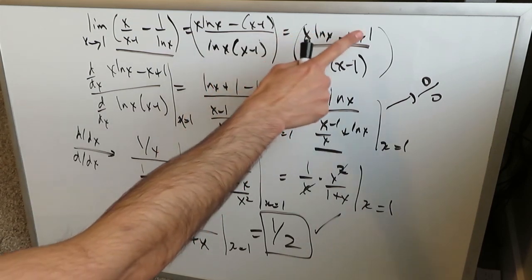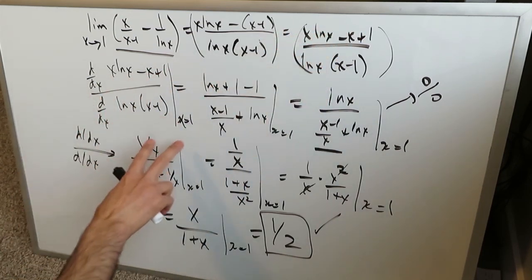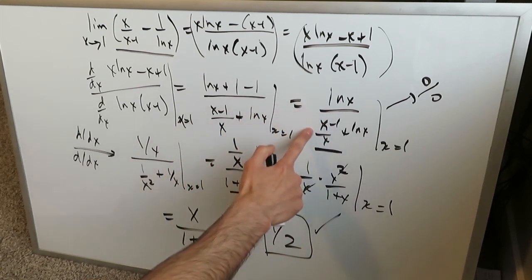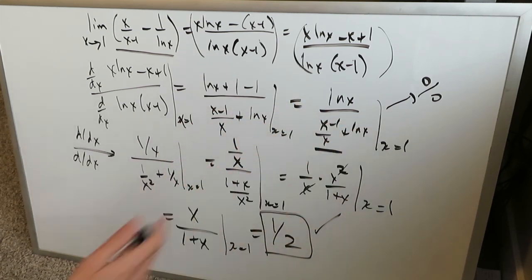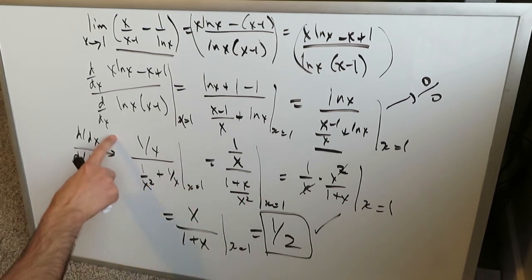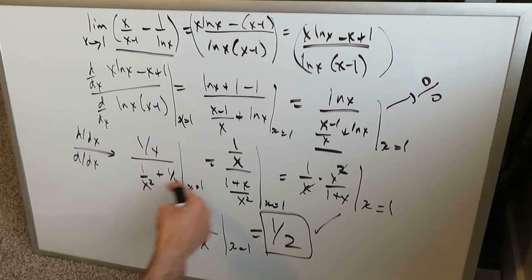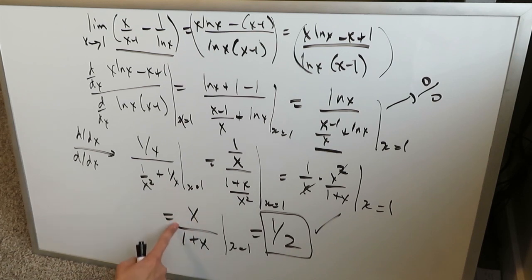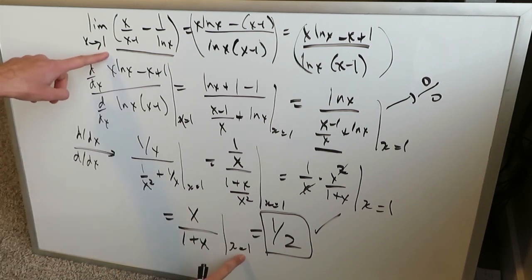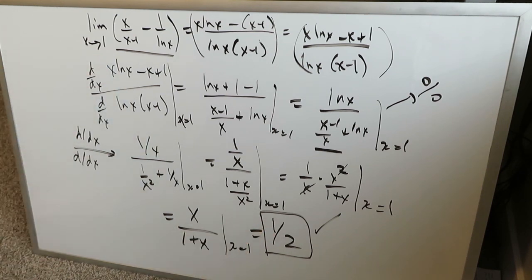Then we ran it through L'Hopital's rule in the numerator and in the denominator, and we got to the first round of results, and we noticed we're still at that 0 over 0 form, and it's not good. So we ran it through a second round of derivatives. When we ran it through a second round of derivatives, derivative in the numerator, derivative in the denominator, running it through algebraically to a final simplified expression, and then we plug in our limit x equals a value of 1, we come up to our final result.